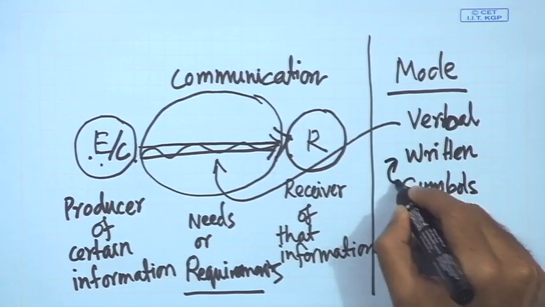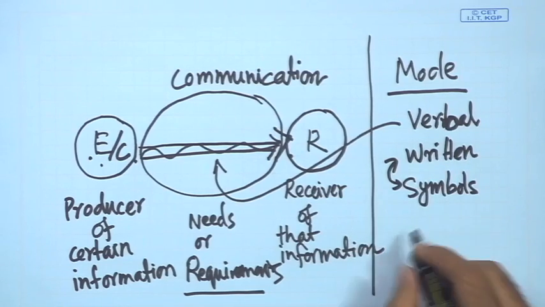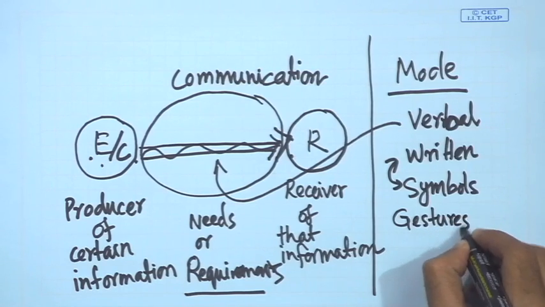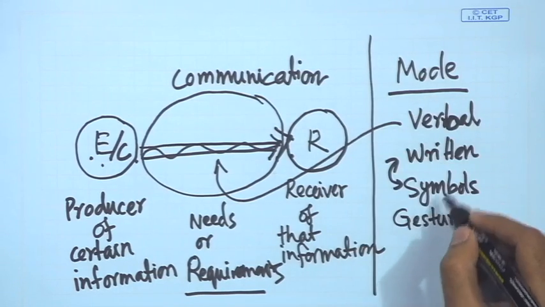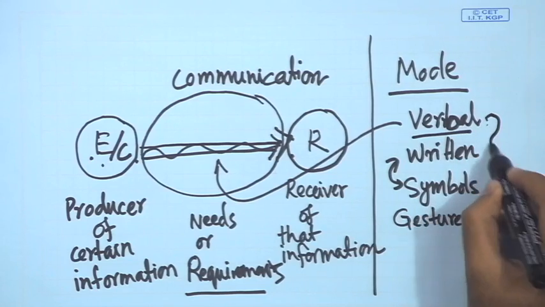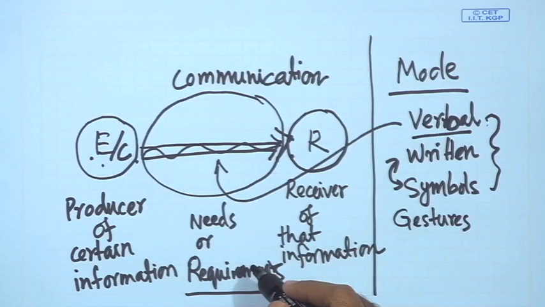We will come to this later, that written entities and symbols are to some extent similar, and then there are gestures. All of these modes are many a times used either singly or in combination for a particular communication to happen.